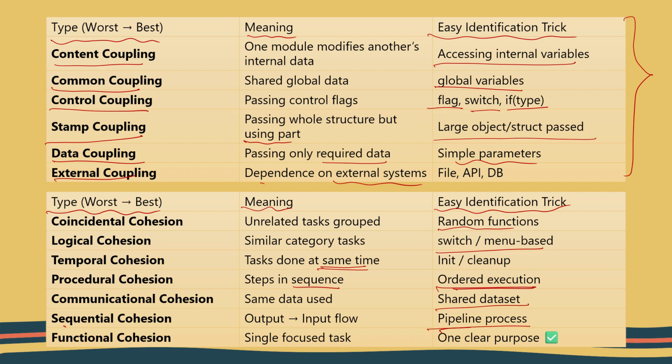Sequential means a pipeline process. Basically, A to B to C to D, like a pipeline. Functional cohesion: one clear box. This summarizes all that we have done in coupling and cohesion as of now. Coupling should be low and cohesion should be high.